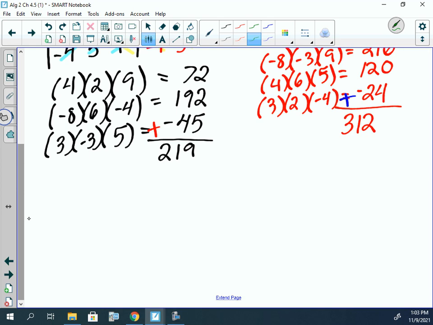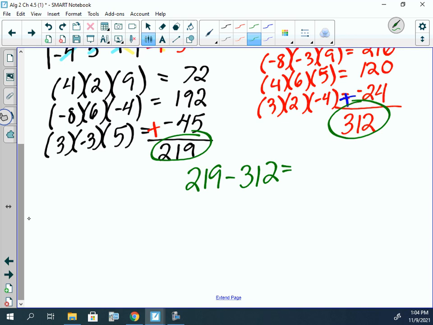Any questions on this here? Now we just subtract the 2. So once we get the diagonals going from left to right and right to left, we subtract them.